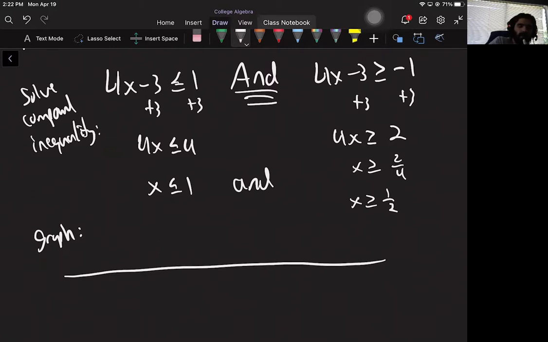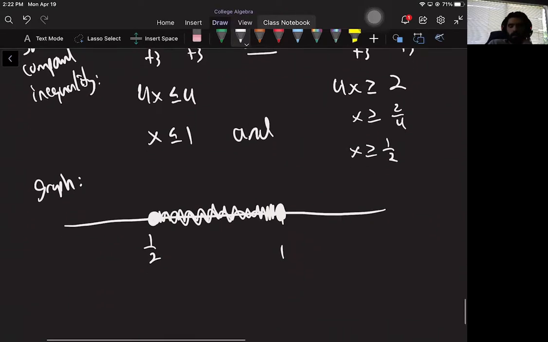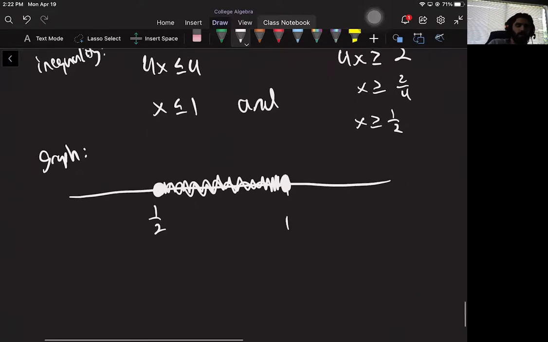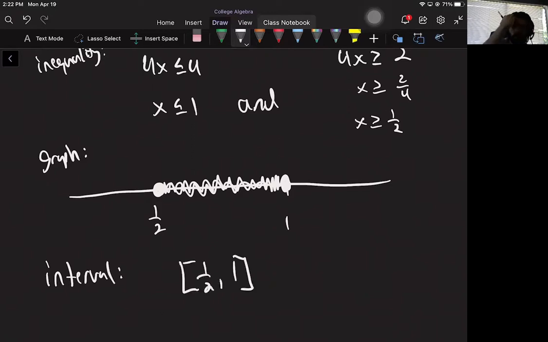This is saying that I got to be between 1/2 and 1, and I can include both edges. Because I got to be to the right of 1/2 and to the left of 1, and as an interval, I can just go from 1/2 to 1, including both sides.